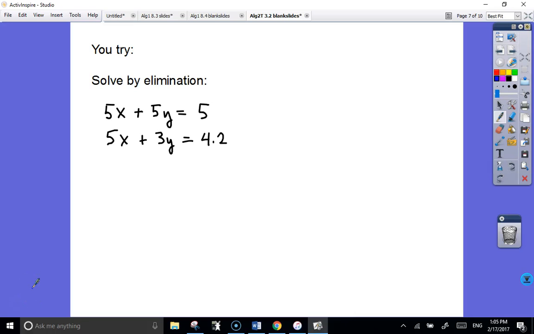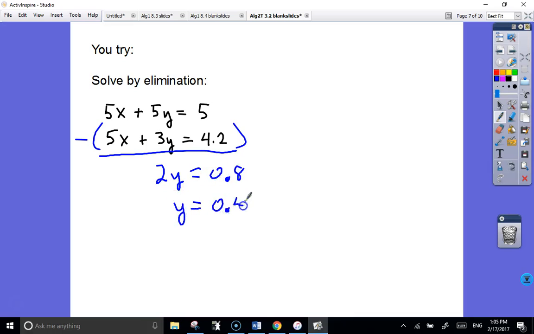Okay, so what do you do in this one? I mean, just subtract. They're all set up to subtract already, so just subtract. So the x's cancel. 2y equals 0.8. So y equals 0.4. And then go up to one of these, doesn't matter which one. How about the first one? 5x plus 5 times 0.4 equals 5.